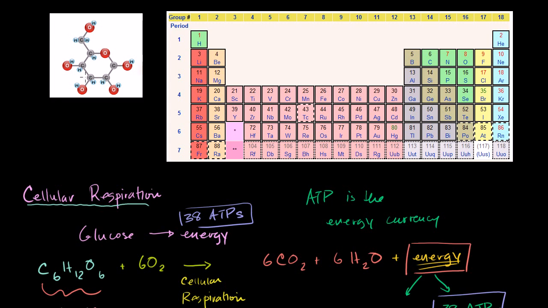This is glucose right here, and notice you have 1, 2, 3, 4, 5, 6 carbons. I got this off of Wikipedia. Just look up glucose and you can see this diagram if you want to see the details. You can see I have 6 carbons, 6 oxygens, that's 1, 2, 3, 4, 5, 6, and all of these little small blue things are my hydrogens. So that's what glucose actually looks like.